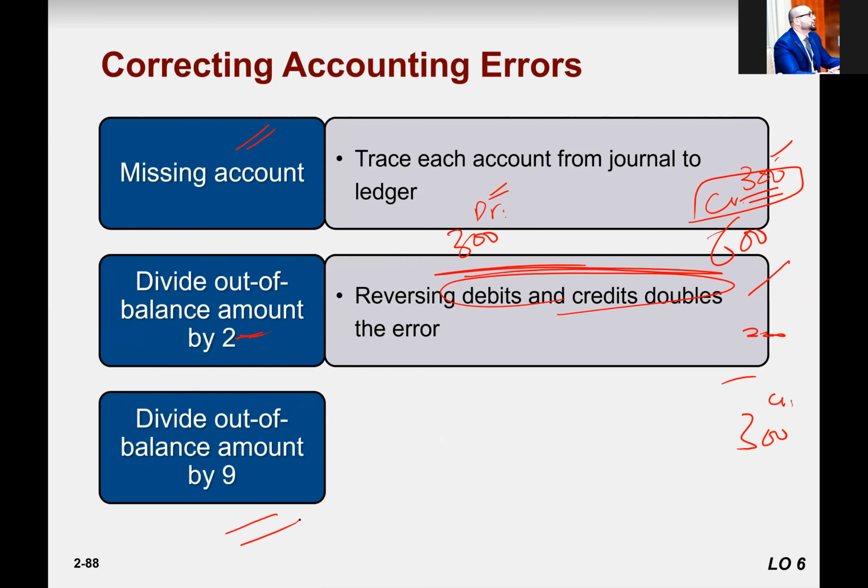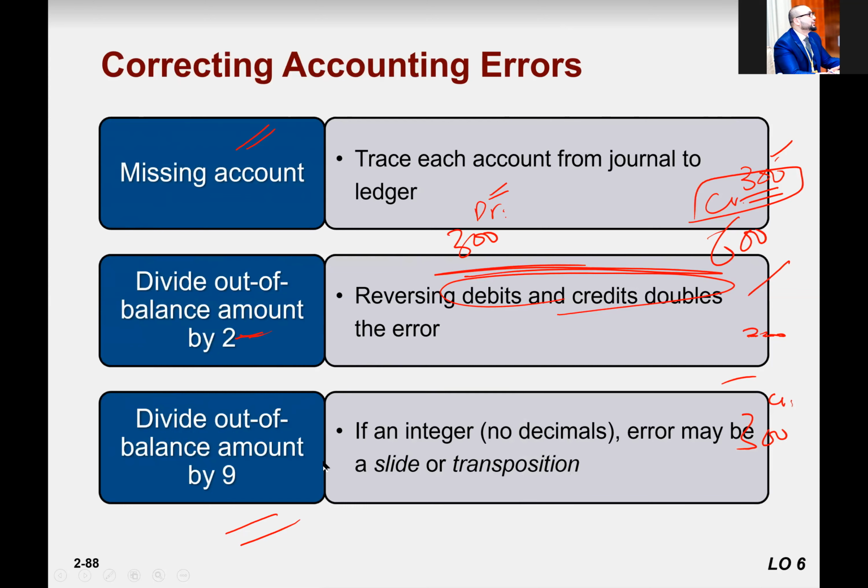Similarly, divide the balance by 9. Which means if you wanted to post 400, instead of 400 you posted 40, right? How much did you still not post?